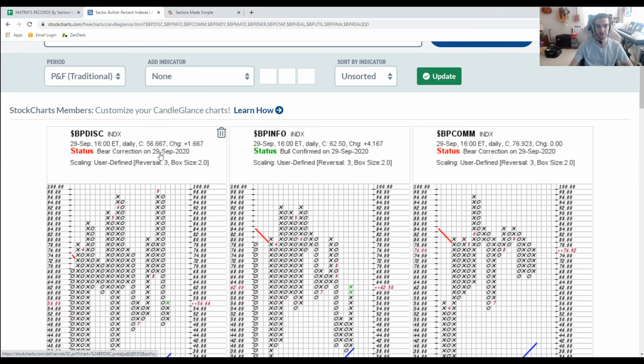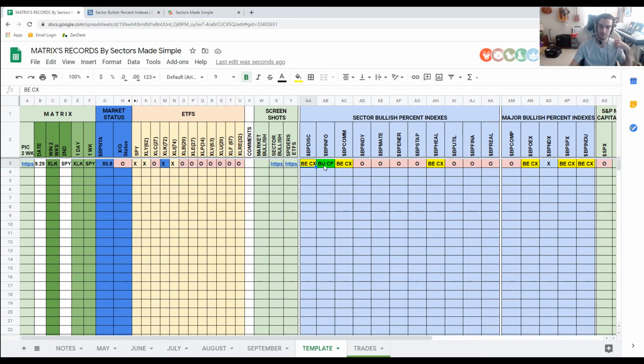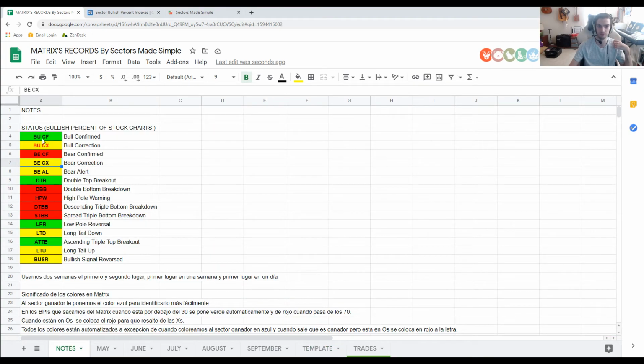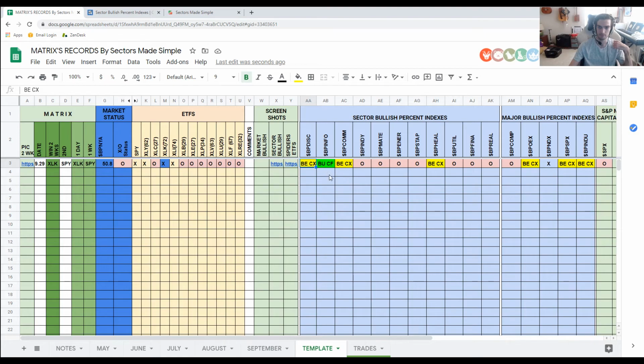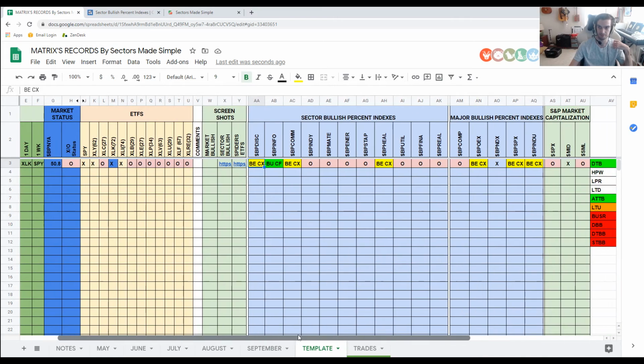If we have a status that happened today, we write that in the box. The codes for all of those you'll find in the Notes tab. So you go through and do that for every one of the sector bullish percents.